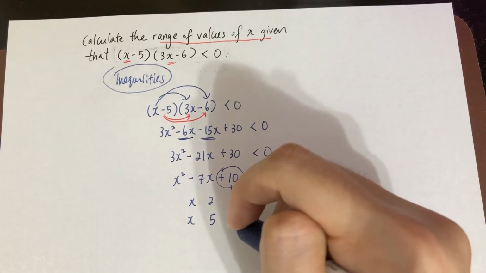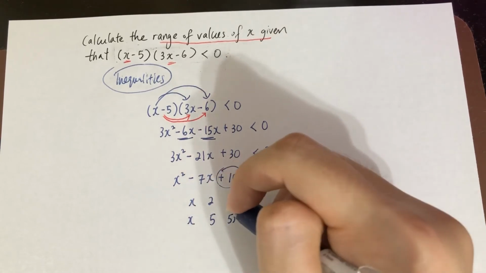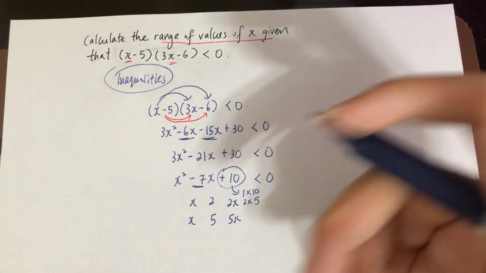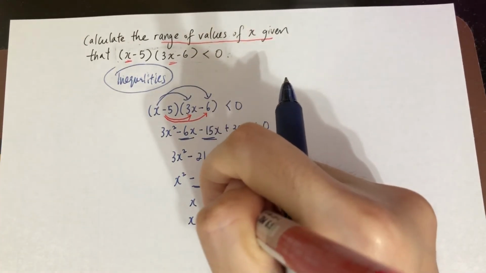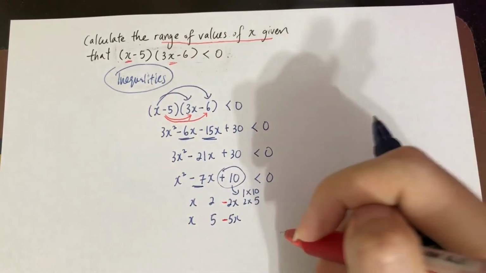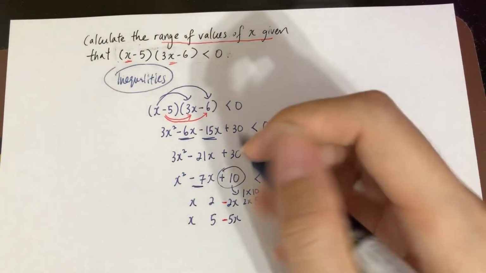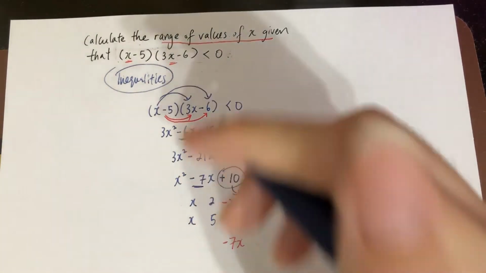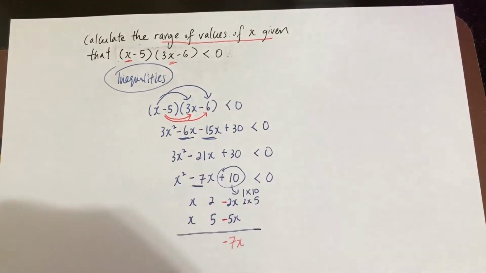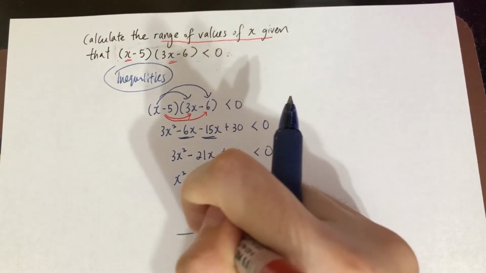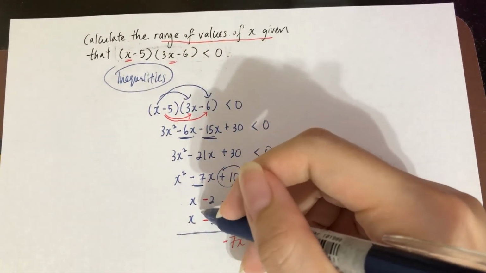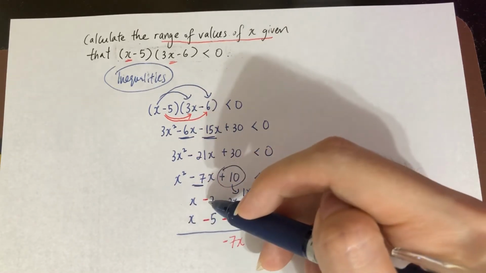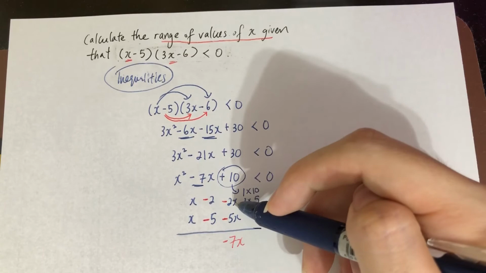x times 5, 5x, x times 2, 2x. We need a negative 7x eventually, which means that this should take on a minus sign, and this should also take on a minus sign, to give us a minus 7x eventually. So x multiplied by negative 5 will give us negative 5x, and x multiplied by negative 2 will give us negative 2x.